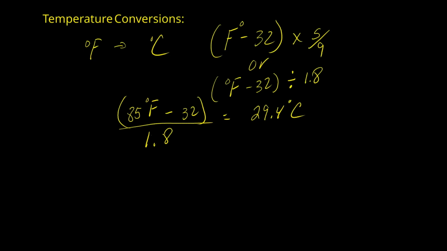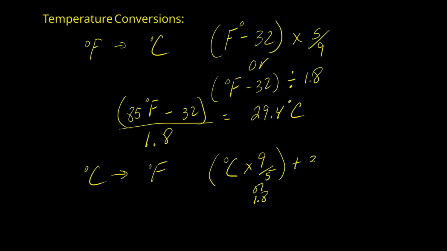If I was going to convert Celsius to Fahrenheit, I would do basically the opposite. I would take my degrees Celsius times 9/5, or 1.8, and then add 32, and that would give me the Fahrenheit temperature.